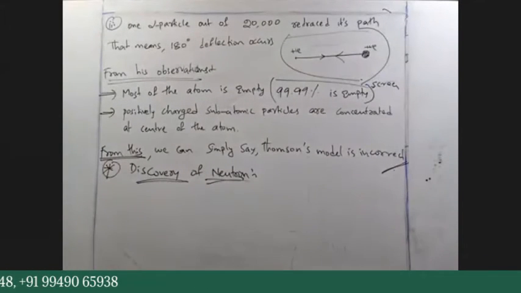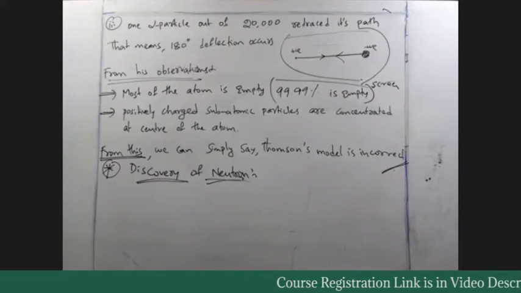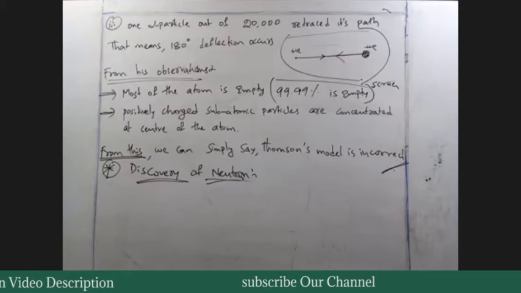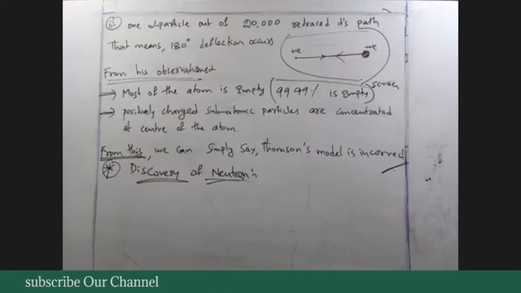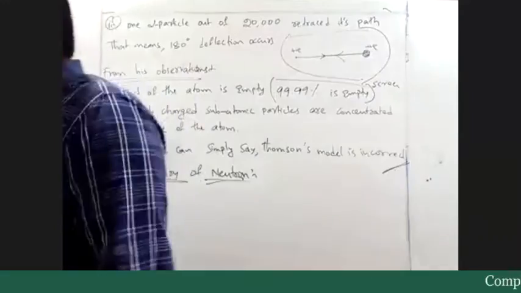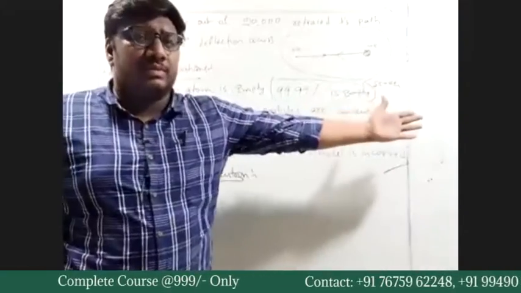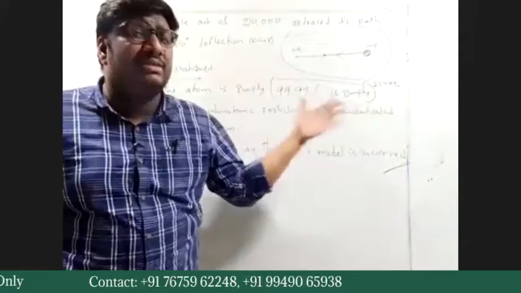We need to present Rutherford's model after the discovery of neutrons, and then he arranged all protons, neutrons and electrons. Then Rutherford arranged all these three. So first we should write the discovery of neutron, and then, applying the same concept, along with electrons and protons, we'll include neutrons.